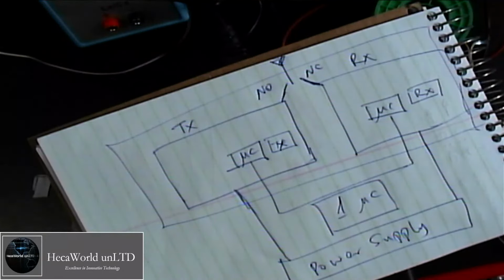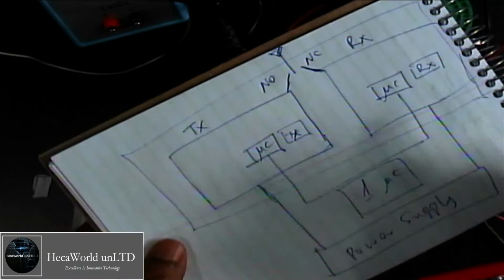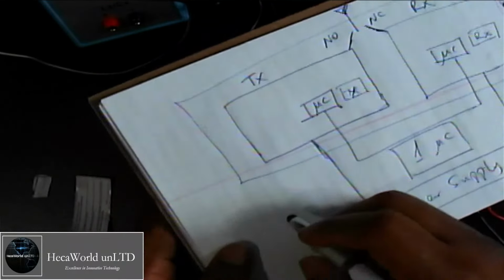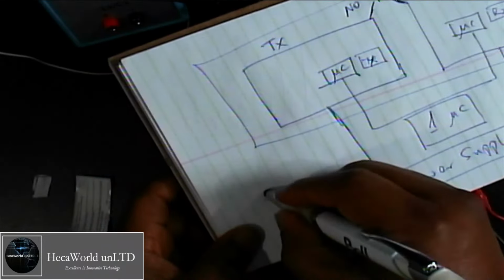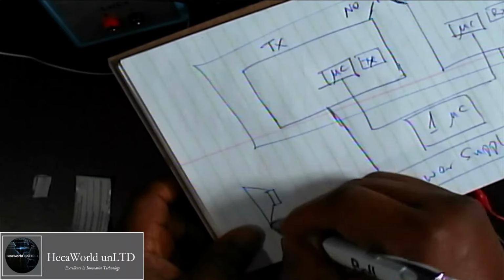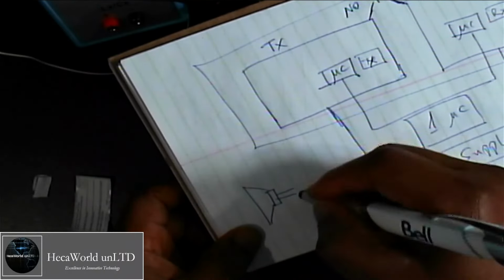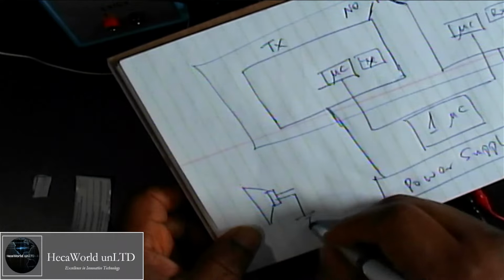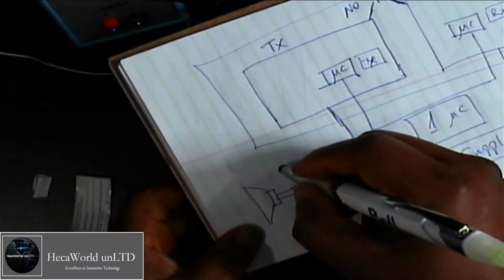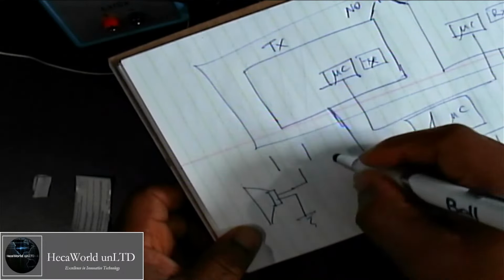And then one more thing you can have in common is the microphone and the speaker. So in our case, you can use the speaker as also your microphone. So the ground will be common, but then one of the terminals will go to transmit and one will go to receive.